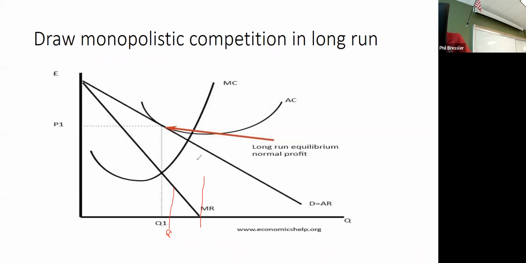Now, does anyone remember what it's called when MC crosses ATC and I bring the line down here? Where MC crosses ATC is productively efficient.